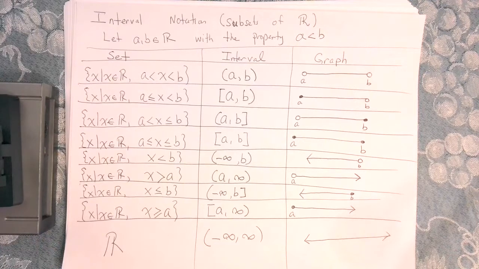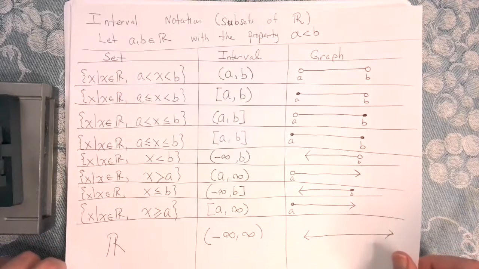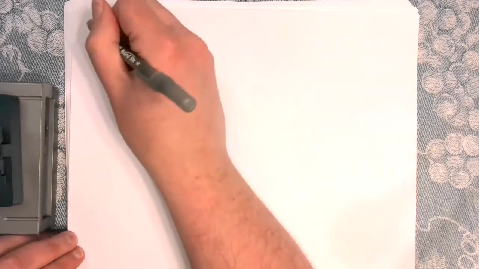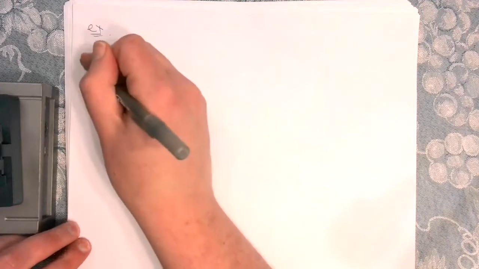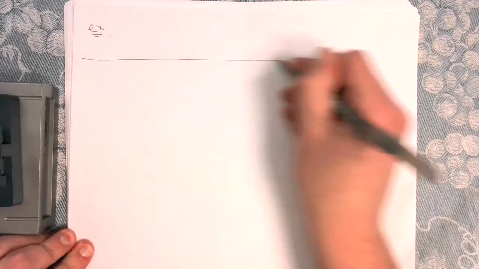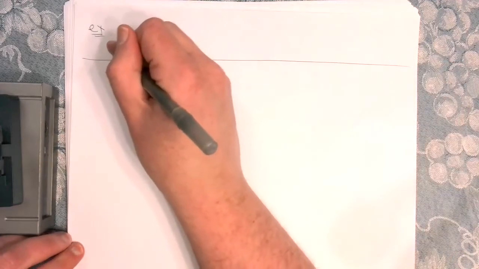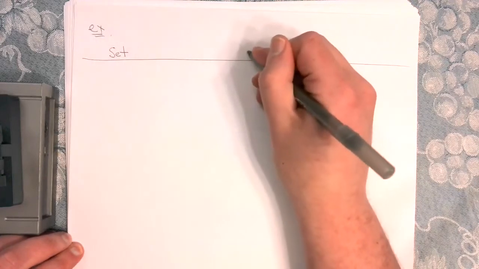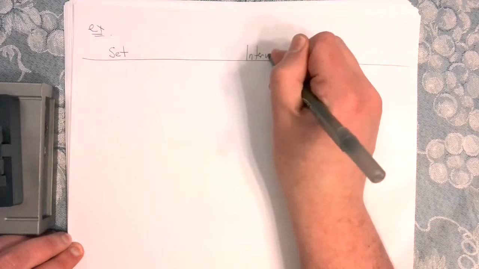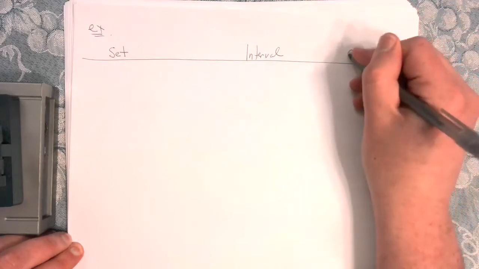Okay, so let's look at some examples. Again, we'll do set builder notation, the interval, and the graph.